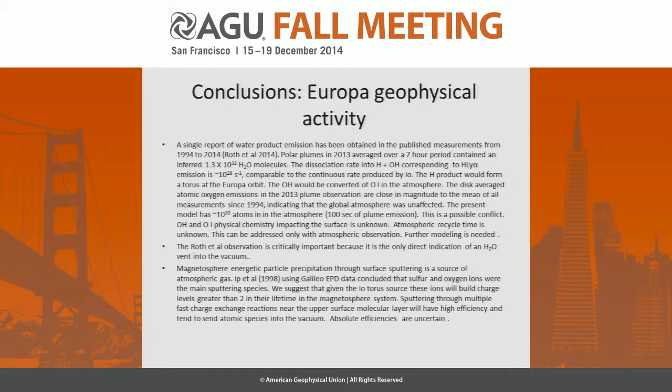They infer, based on Lyman alpha observations, 10 to the 32 H2O molecules in those plumes that were seen in the south region. The dissociation rate into H plus OH, then, on that basis, is about 10 to the 28 per second. The hydrogen product goes out into orbit around the system with Europa. The OH product stays in the atmosphere.